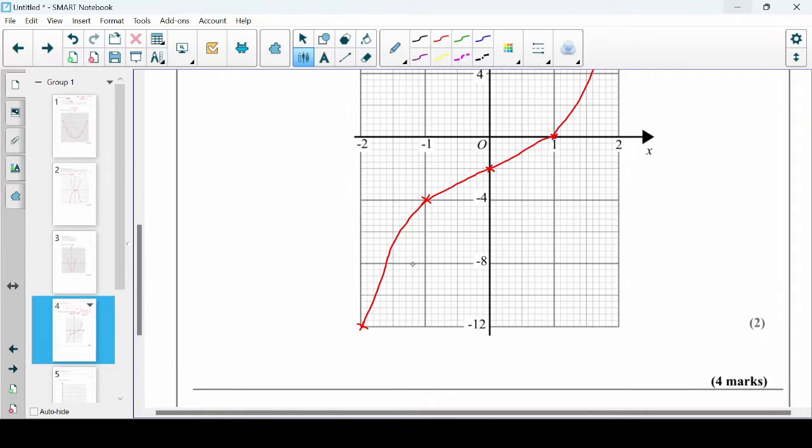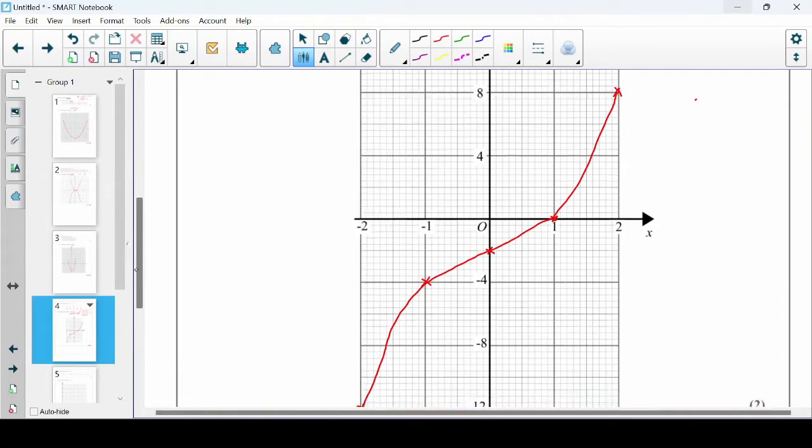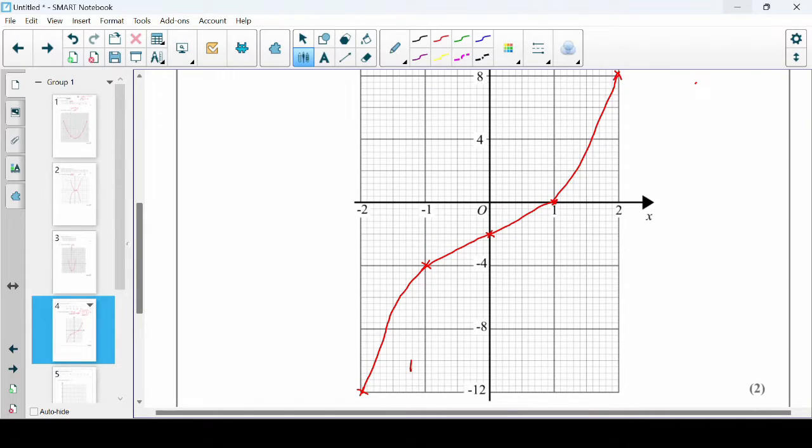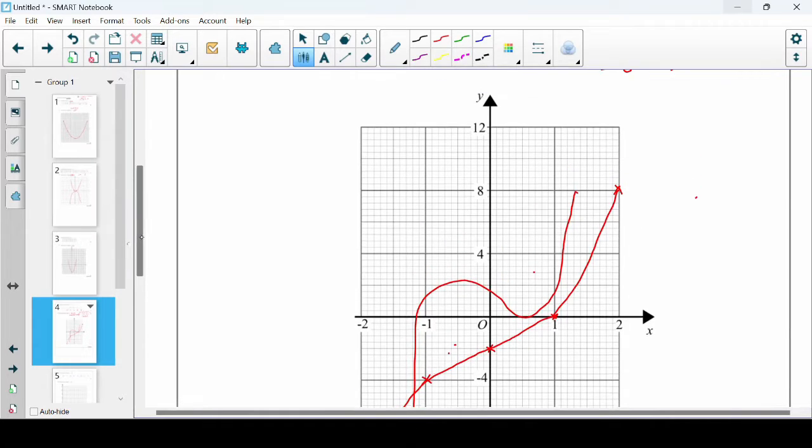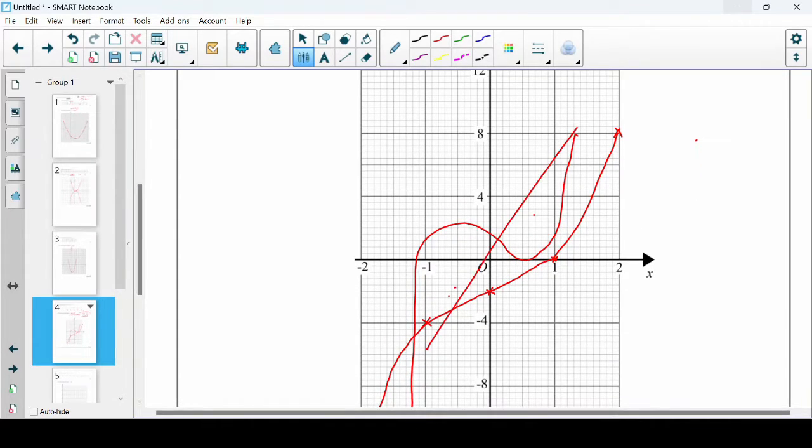So it will be in this type of graph where it will go up from here, and then maybe it can come down, and then again it will go up. So in these two quadrants the graph would be just like a positive straight line graph is like this, and a negative straight line graph is like this.